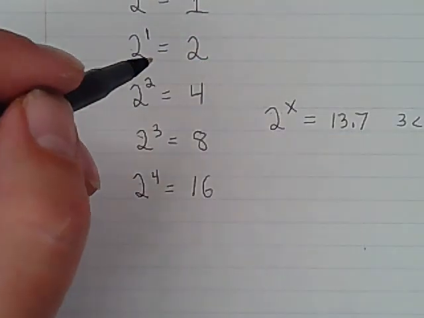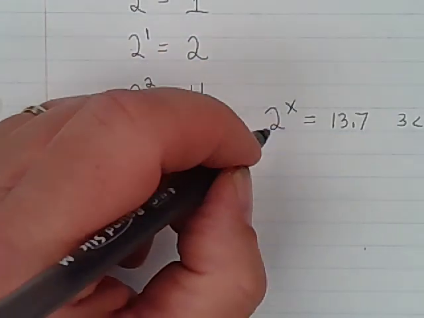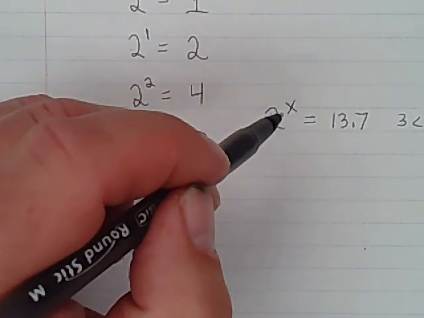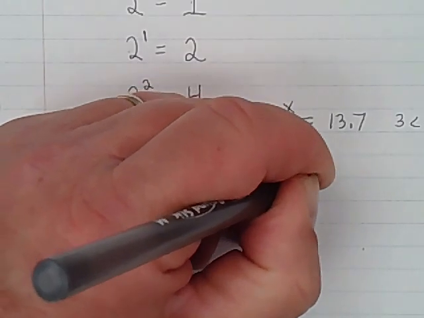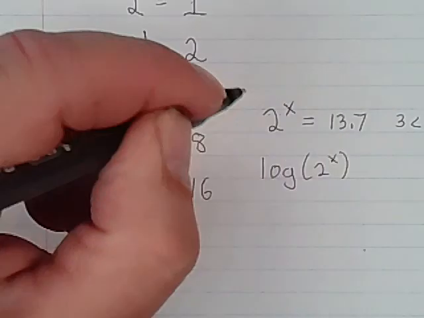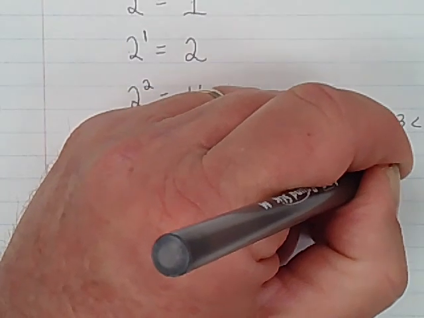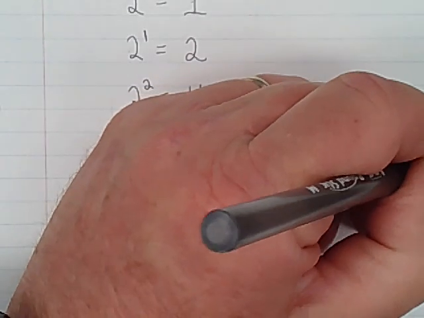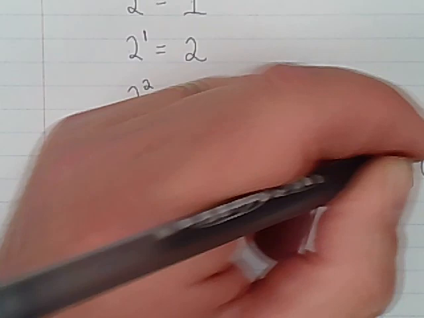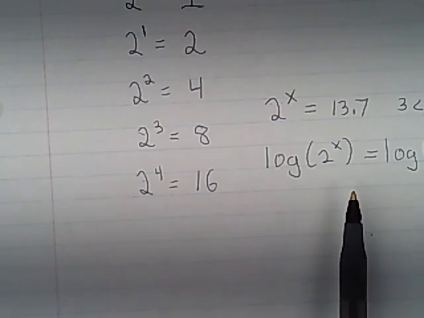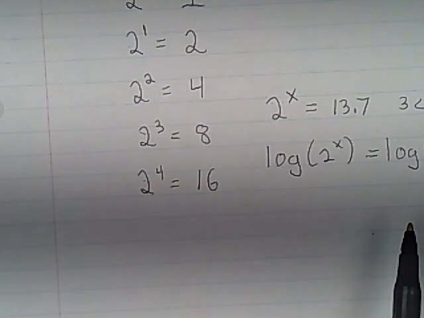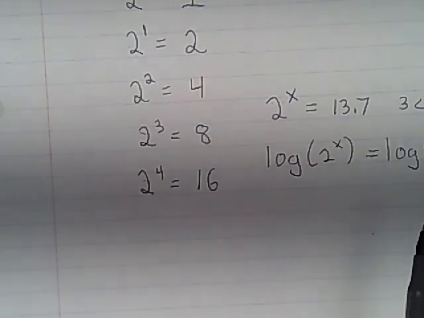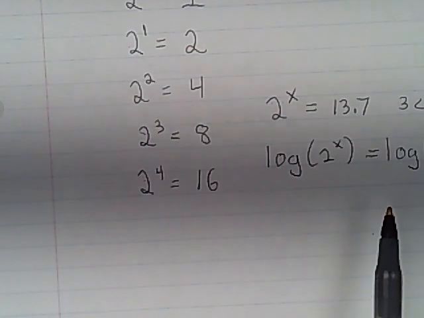So what I can choose to do, because we love math, is take the log of both sides. So the log of 2 to the x power would be equal to the log of 13.7. So the log is an operator like adding or multiplying or dividing. I would say multiplying or dividing are the better choices, not adding.